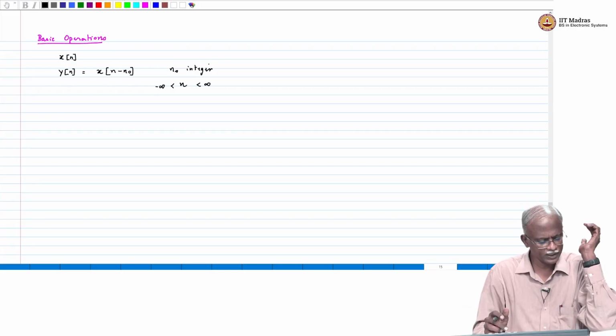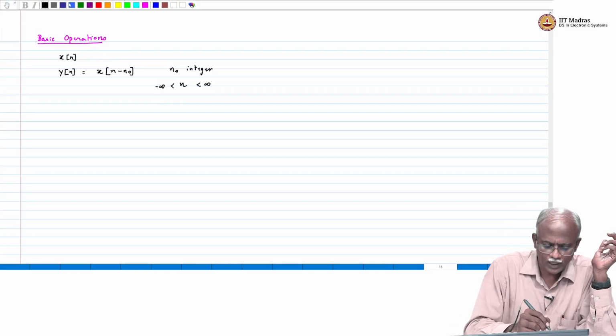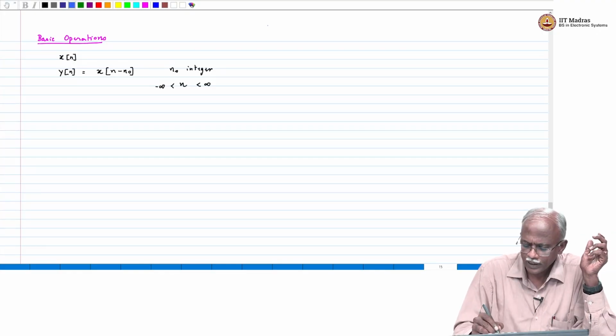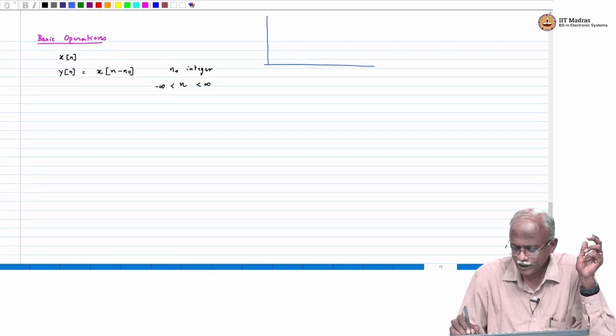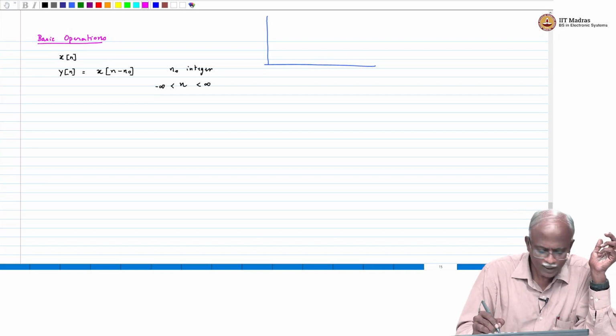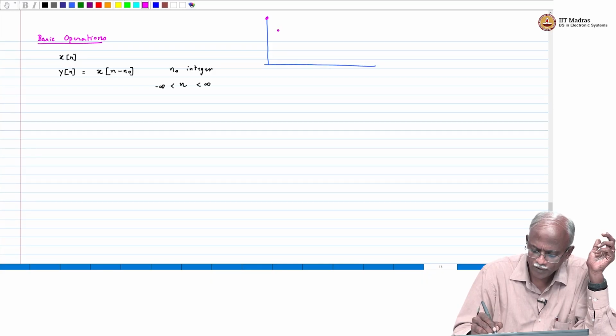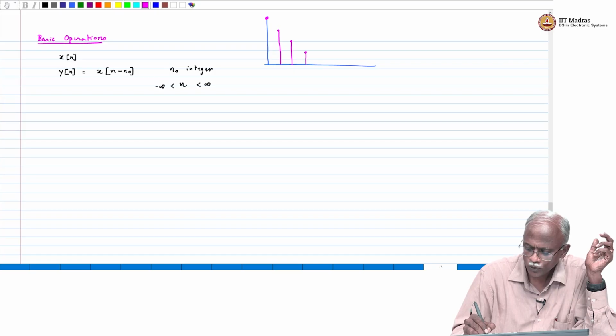So basically, you have a signal that is x of n. Let us take one example, a very simple sequence. At time n equal to 0, it has got a height of 5. At time n equal to 1, it is 4, then 3, 2, 1, and then it is 0 after that.